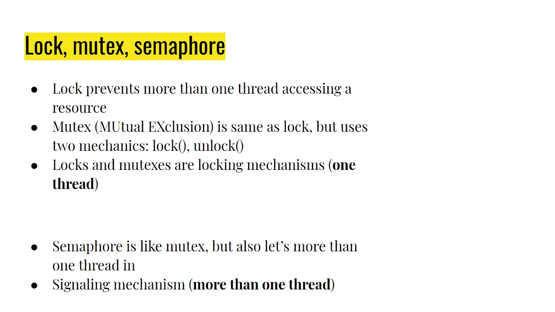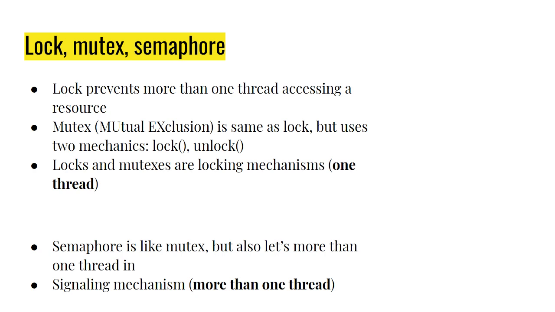Lock and unlock is how you use a mutex. Instead of having brackets which denote which context is locked, you have a mutex data structure which can be locked and unlocked. And the key thing here is that they let in only one thread. Lock and mutex, one thread.